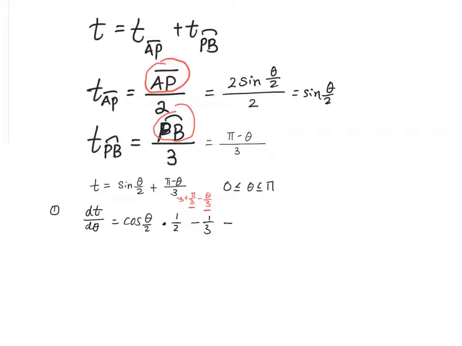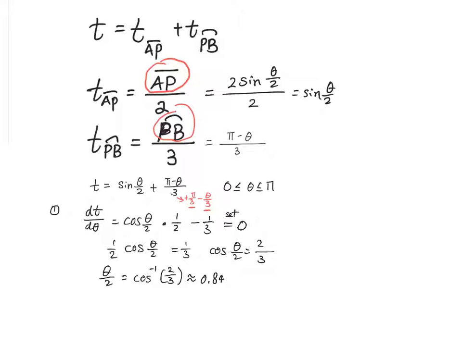And then you want to set this to 0 to find the critical points. So let's solve this equation. 1/2 of cosine theta over 2 equals 1/3. Cosine theta over 2 equals 2/3. And now you need to find theta over 2 using the inverse cosine function. Cosine inverse of 2/3, if you use your calculator, is about 0.841.